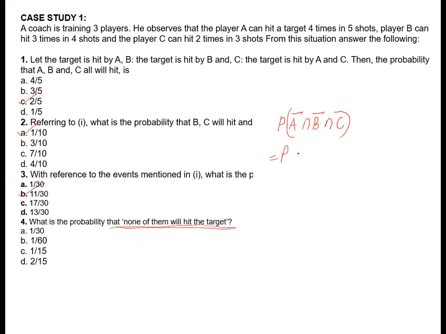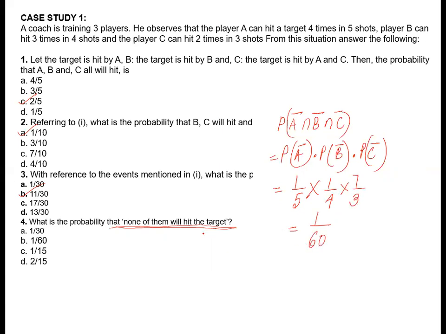So this will be P(not A) multiplies P(not B) multiplies P(not C). So P(not A) was 1 by 5, P(not B) was 1 by 4, P(not C) is 1 by 3. So it will be 1 by 60. So 1 by 60 means B is answer.